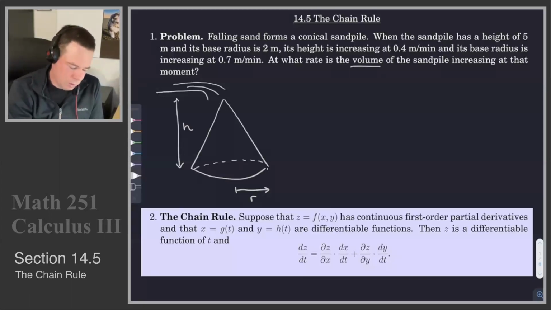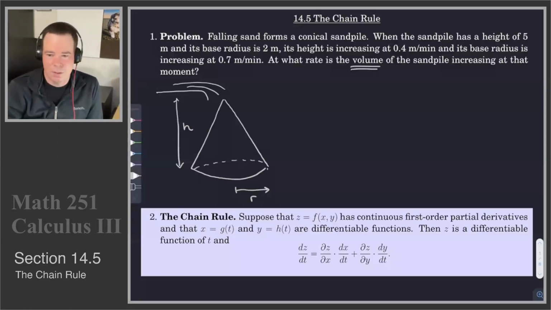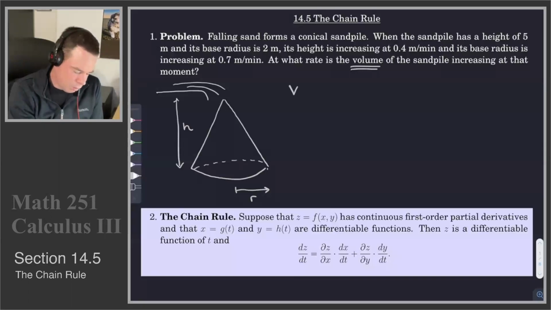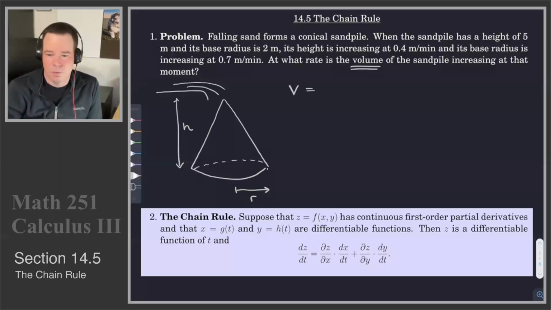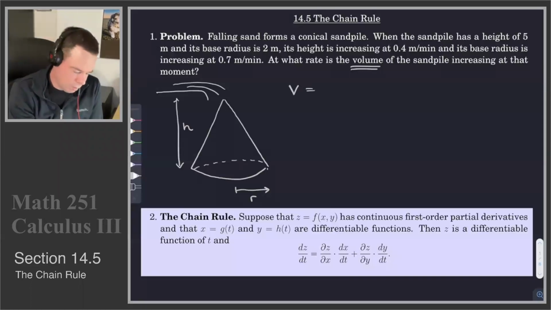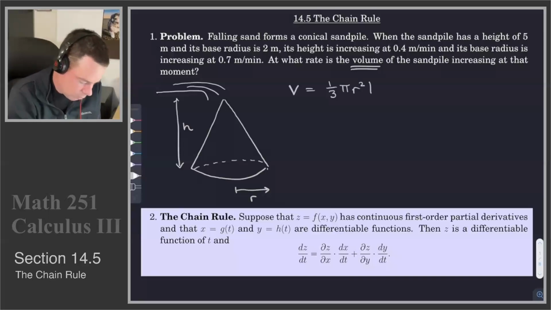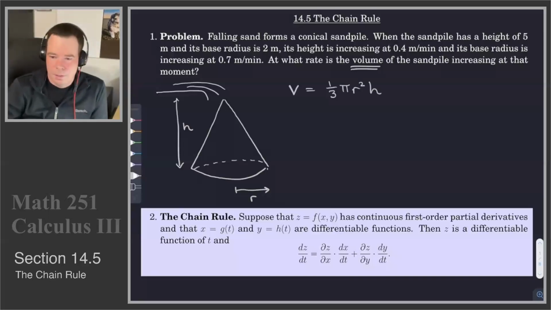So we're interested in knowing how the volume changes at a particular time. What we're going to do is just run like we would any related rates problem. We're interested in the rate of change of volume, so let's relate the volume to the two variables we know. This would be V = 1/3 πr²h. That is just our volume of a cone formula.